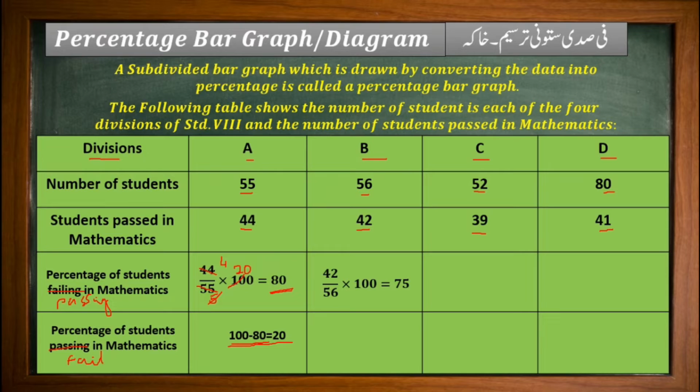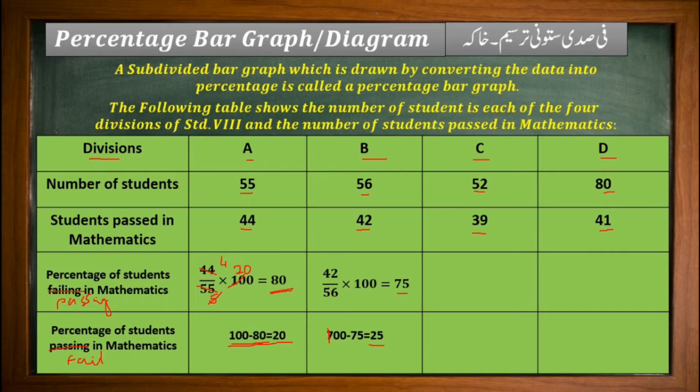Now what is the percent of students who failed in standard 8th B division? 75% is here, so from 100 we subtract 75 and we get 25%. So 25% students failed here.